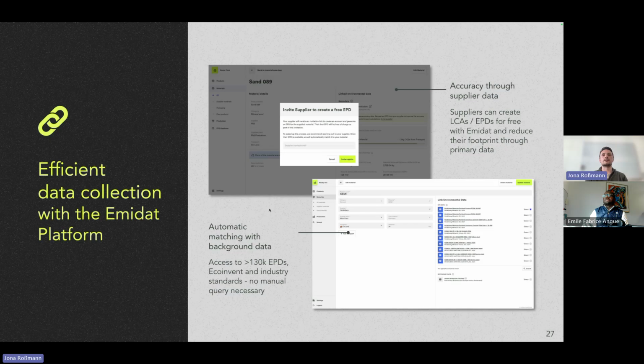And the second one is the automated matching with the background data. As you can see, if your supplier does not have an EPD or primary data available, you can automatically access more than 130,000 published EPDs, ecoinvent data, and also industry standards. There's no manual query necessary.